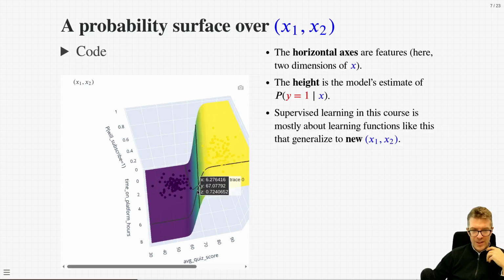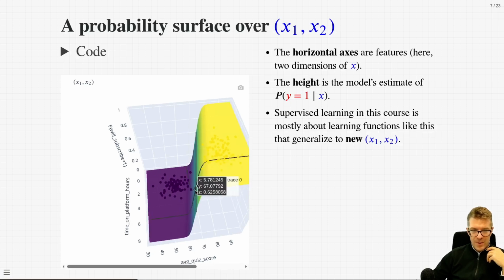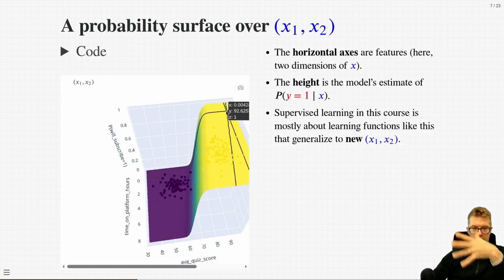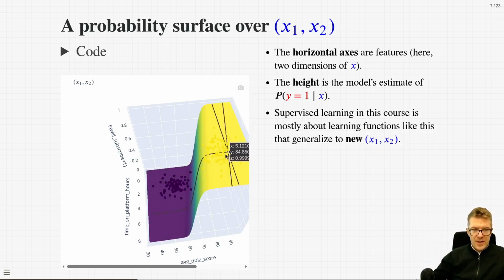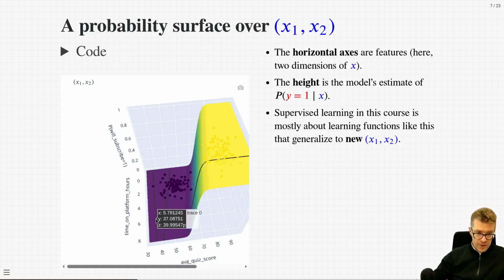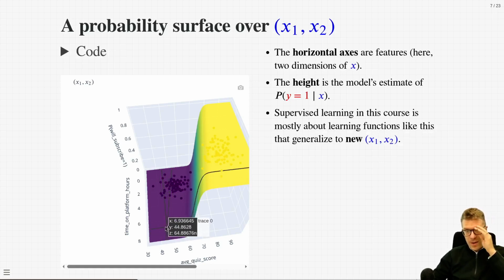Somewhere in the middle here is where it gets trickier. The probability of somebody subscribing here is about 75%. We can get it down to 50%. You can play around with this yourself, but you can see how we have our data points. We have learned a manifold or surface, which represents our probability function. Then we can also look at arbitrary other points, which are not found in our training data, like down here, and we can still estimate the probability of subscribing given this data I've never seen before.